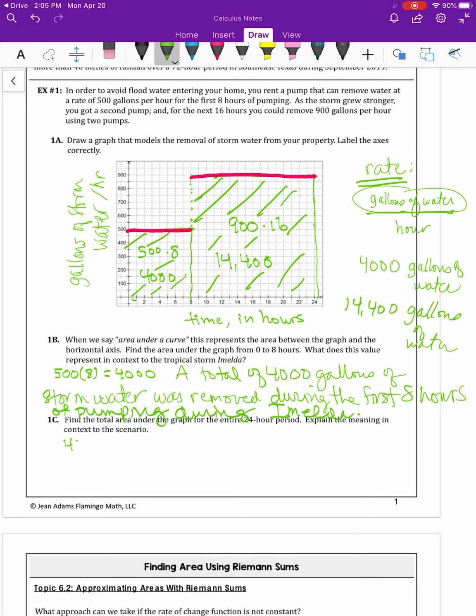So that was the first 8 hours of pumping during the storm Imelda, okay?